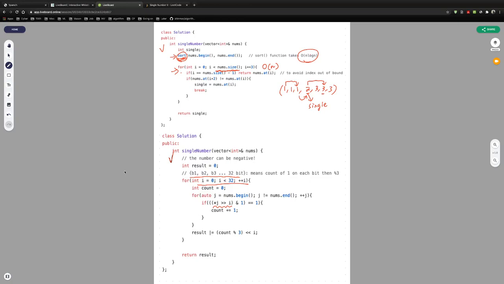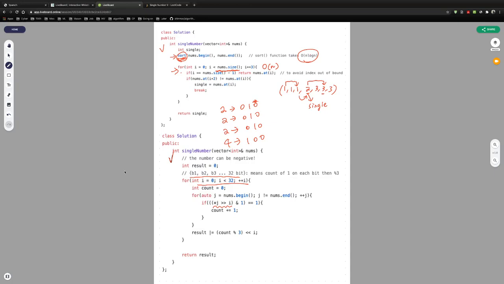I will talk again about bit manipulation. For 2, it will become 0 1 0, and 4 is 1 0 0. If it is our first bit, then we don't need to shift, so I will start from 0 because it is the first bit.